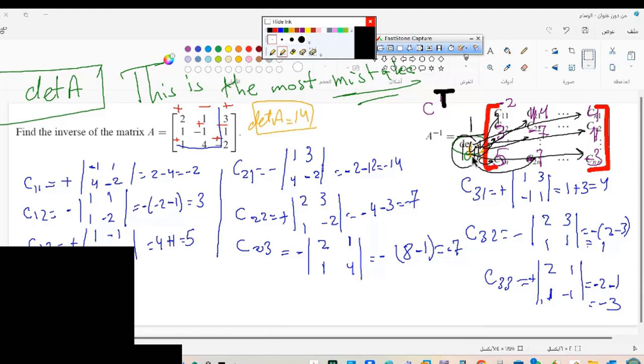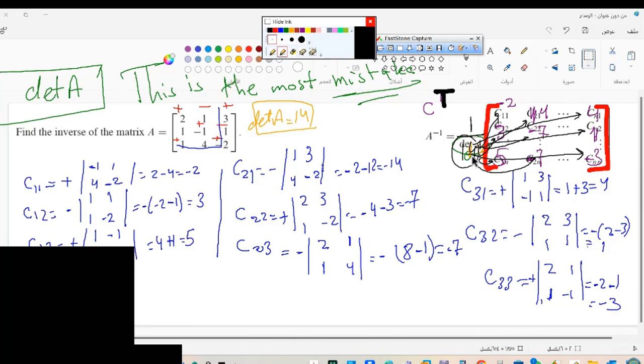So for that question, you need 30 to 40 minutes if you have 4 by 4. And imagine after calculating C11, C12, C13, C14, and so on, the determinant is 0.